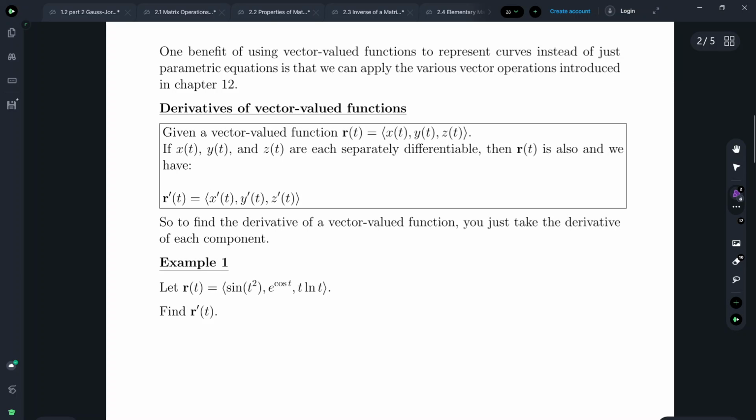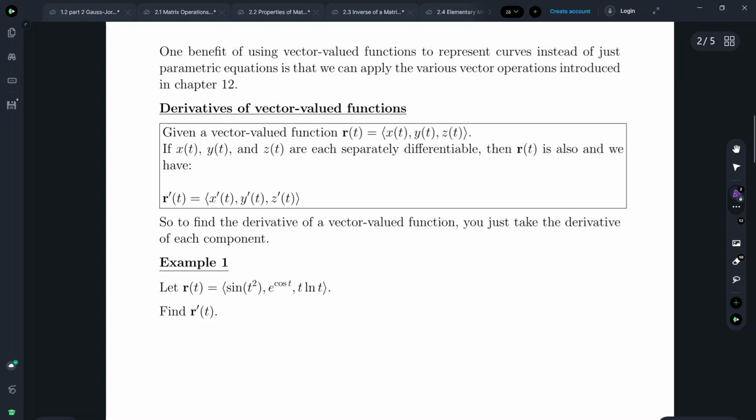So given a vector valued function, written out like this, since x of t is just a function of a single variable, y of t is a function of a single variable, and z of t is a function of a single variable, if each of them are separately differentiable, then the vector valued function taken together is also differentiable. And basically, to calculate the derivative, you just individually take the derivative of each component separately.